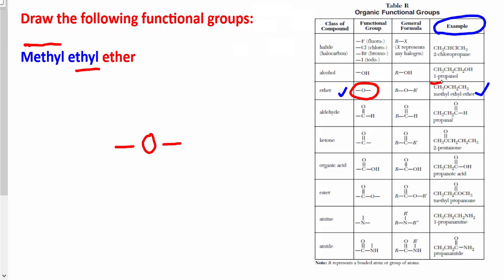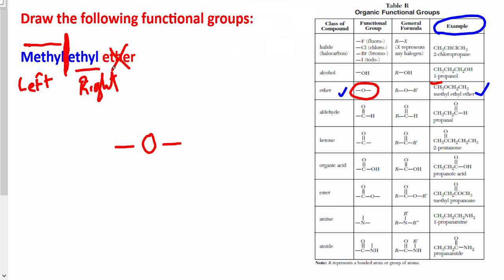If you divide this name into 2 parts, the methyl group is on your left side, as you can see, and then the ethyl group is on your right side, right? Ether is your functional group, which we already drew. So we need to draw a methyl group on our left side and an ethyl group on our right side. It's that simple. So don't make things too complicated.